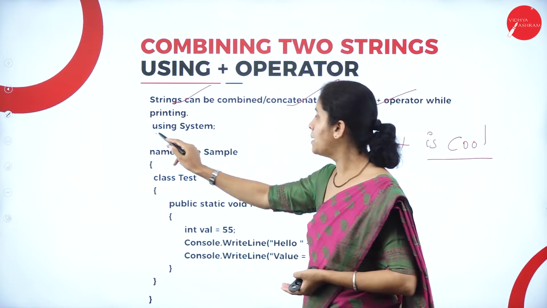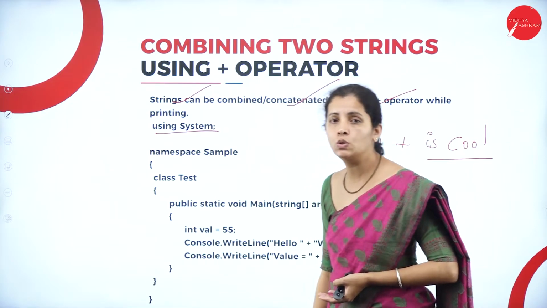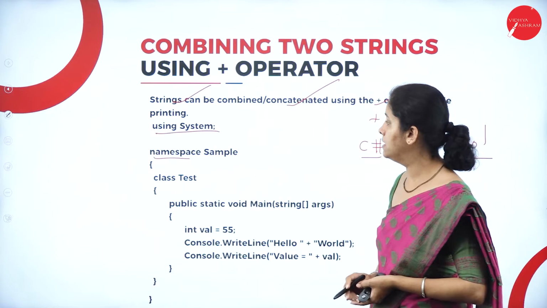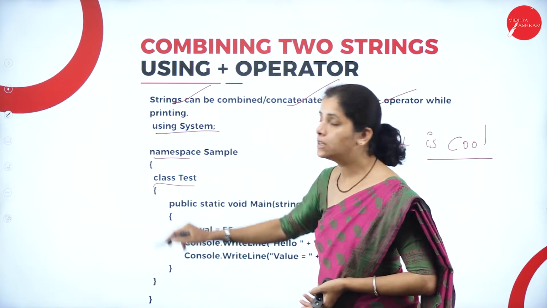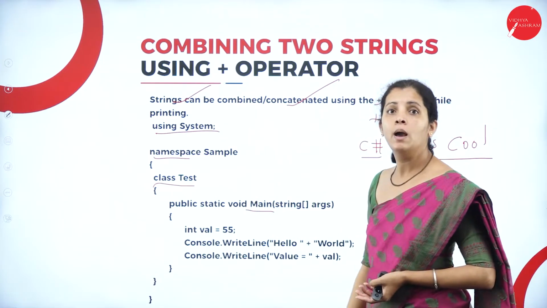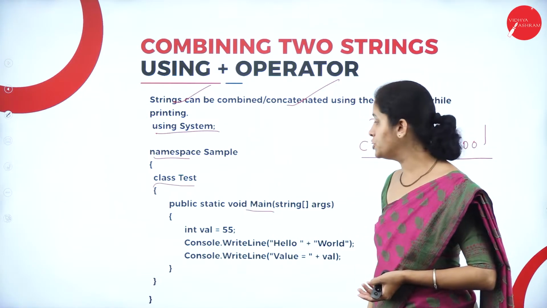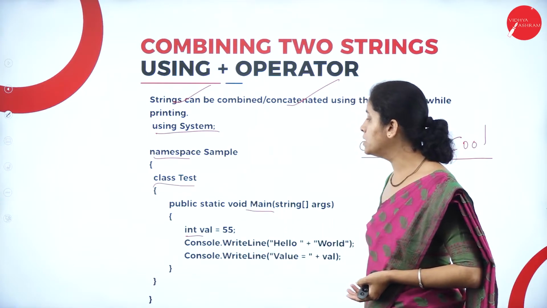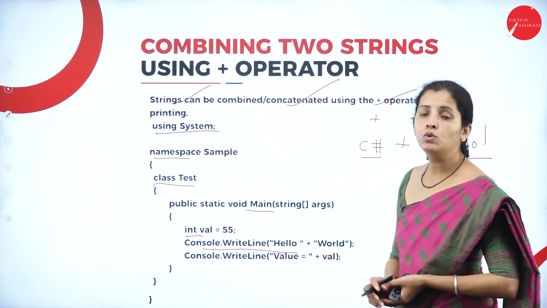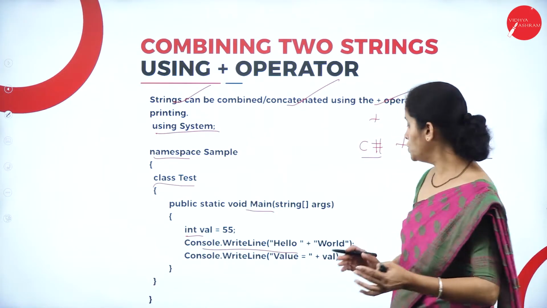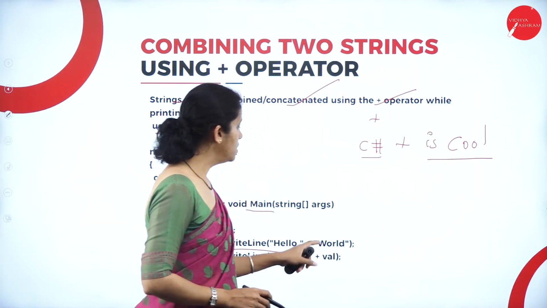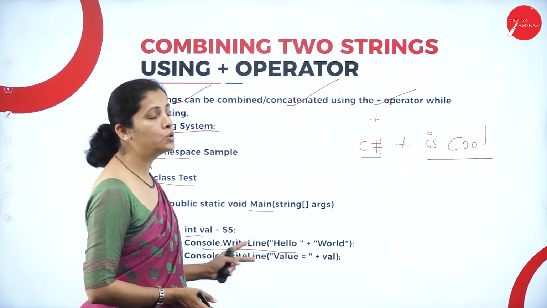And see here, I'm going to have the statement using System, and I have the namespace that is sample, and I'm going to write the class called test. Inside that I'm going to have the method that is the main function. See, I have the value that is val15. Okay. Now I want to combine two strings. I have two strings, that is "hello", then I have another string called "world". Now I just want to combine.